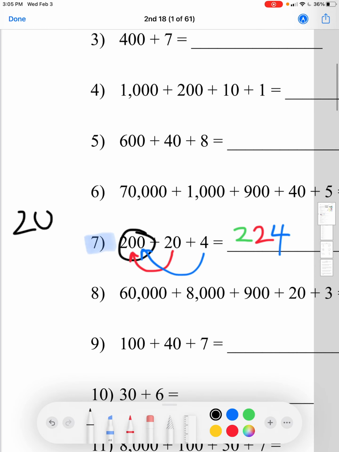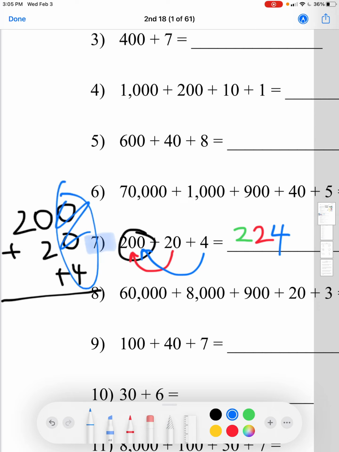If you add this, you can see how that makes sense. You do 200 plus 20 plus 4. We're adding the ones place first, because these are all zeros we can disregard them and we'll just bring down the 4. In the tens place, we just have 0 plus 2. Again, we can disregard the 0 and we'll just bring down the 2, because 2 is the same thing as 2 plus 0.